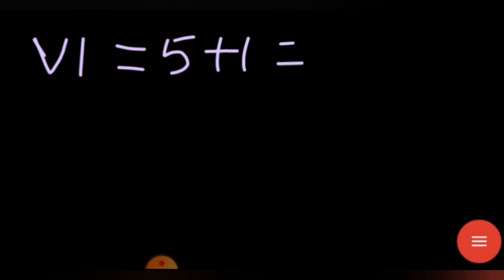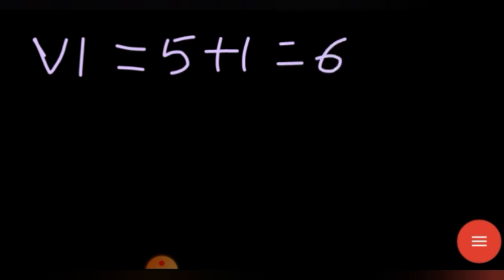When a smaller numeral is written to the right of the greater, here the smaller numeral is 1 and 5 is the greater numeral. So in this case we add the numerals. So here VI means 5 plus 1.